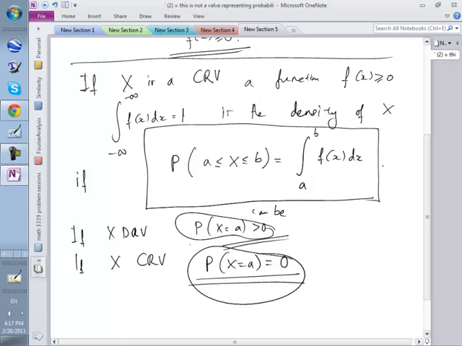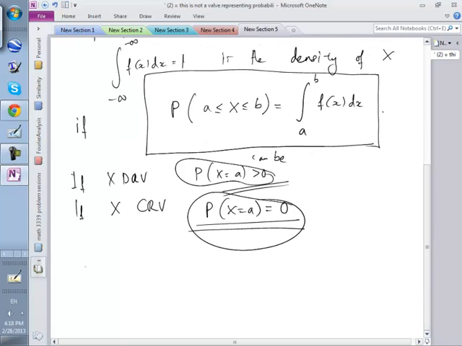Here, a value cannot appear with any likelihood, and therefore only continuous ranges of values can be realizable events with some probabilities. And in fact, all of these events have the same probability.